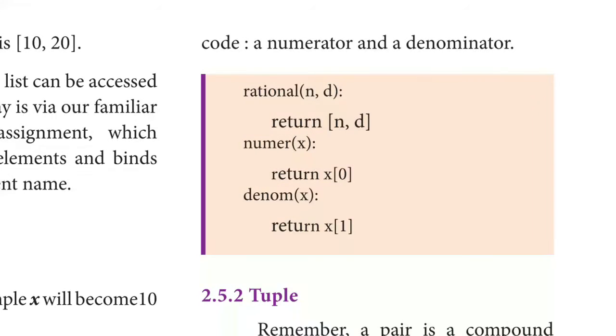Rational is a function that takes n as numerator and d as denominator, and you can see that it returns n, d. Next, they are creating other functions: numer of x returns x of 0, and denom of x is x of 1. So x of 0 is the first value and x of 1 is the second value.